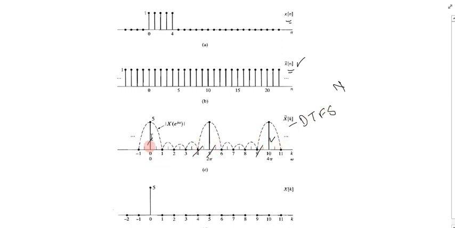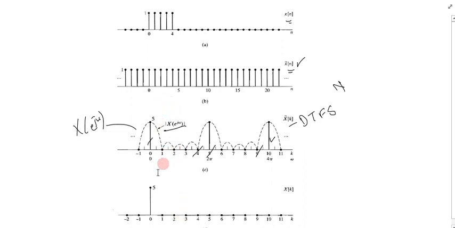This discrete time Fourier series is periodic in frequency, whereas this dotted curve is the discrete time Fourier transform, which you have studied in chapter number 2.